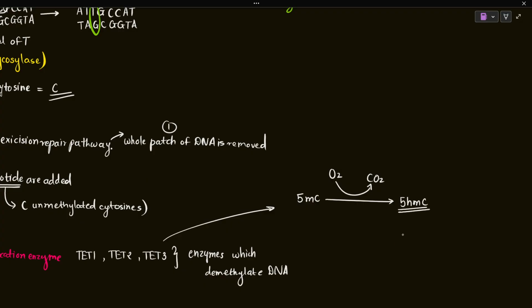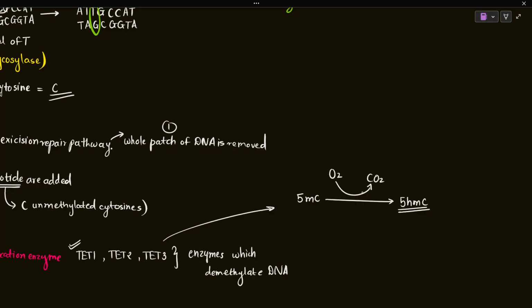This was when the scientists got to know about 5-hydroxymethyl cytosine. They got to know that methylation marks are dynamic, meaning they can be removed, and at the same time they discovered the TET enzymes. This was the new kid on the block discovered in the epigenetics world, which gave us a very new insight on DNA methylation.